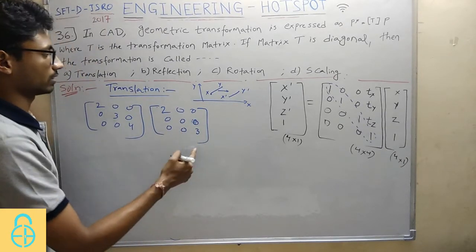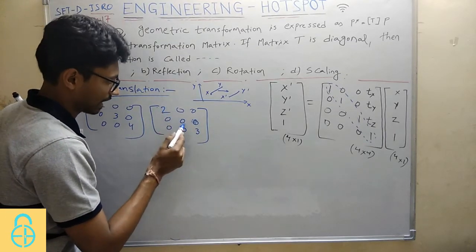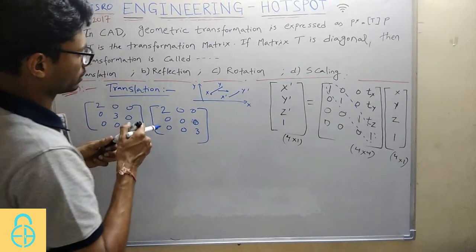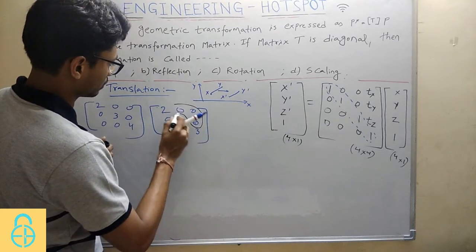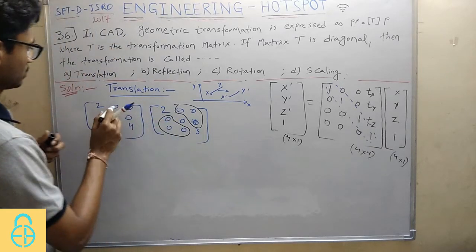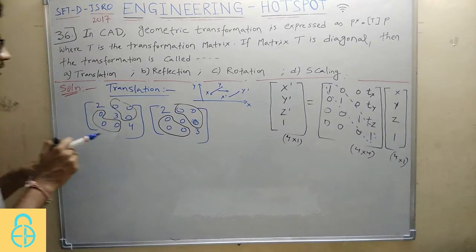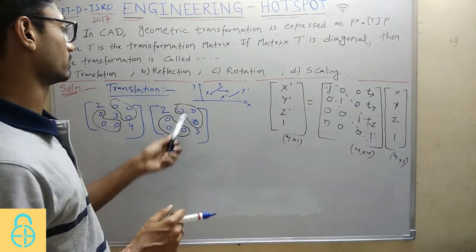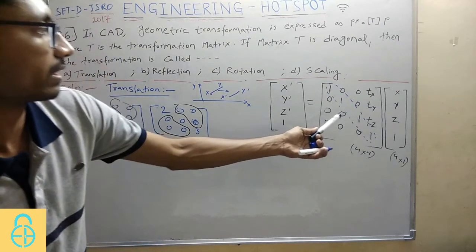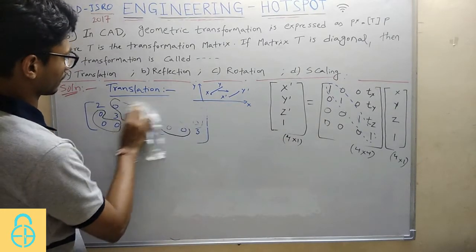This is also a diagonal matrix, because for a diagonal matrix the diagonal elements can be 0 or non-zero, but the other elements should always be 0. These are the elements other than the diagonal, so they should always be 0. This is the condition for a diagonal matrix. This has not satisfied the condition, so translation cannot be our answer.